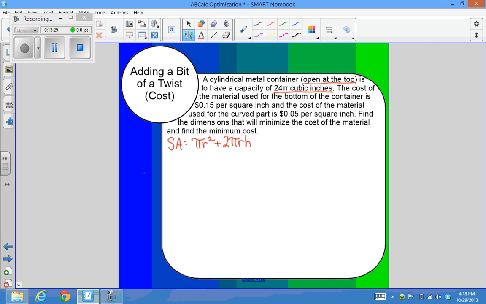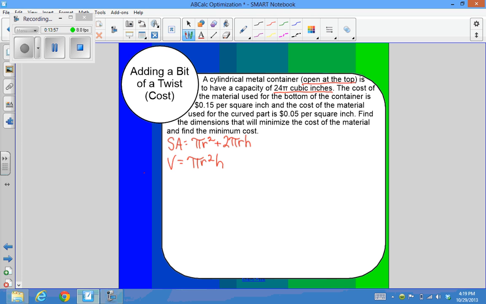I also need volume. What's my volume on a cylindrical metal container? Your volume is going to be pi r squared h. On the AP exam, they do give you these formulas. They don't want anything non-calculus related to keep you from getting your answers right.